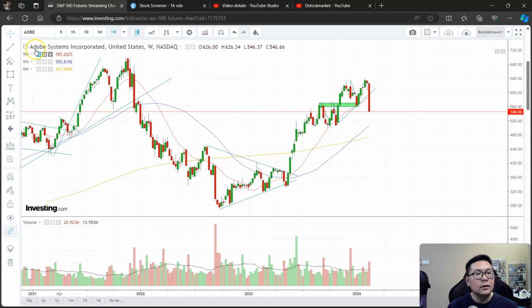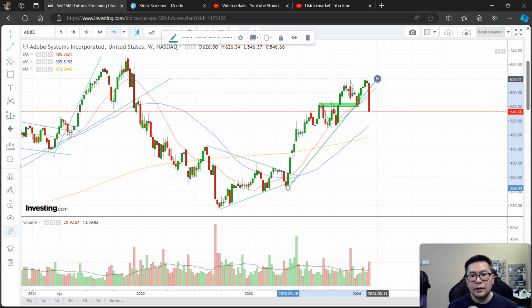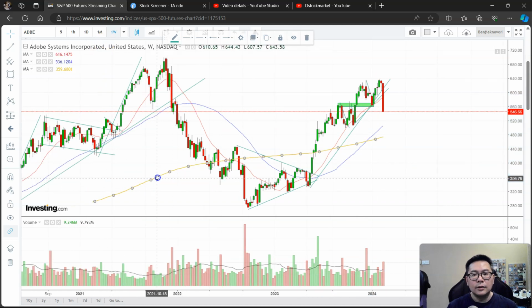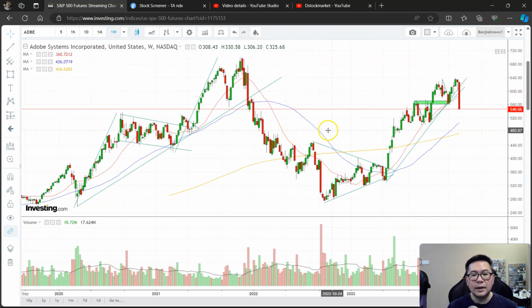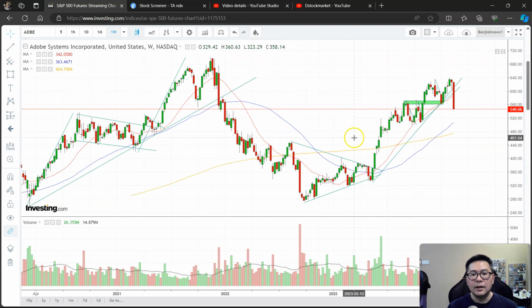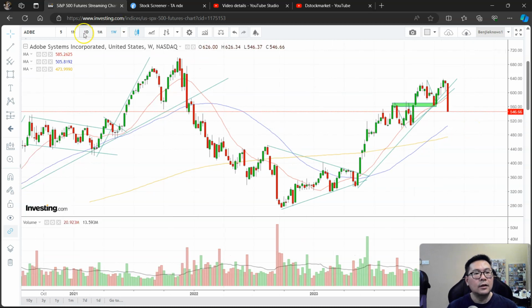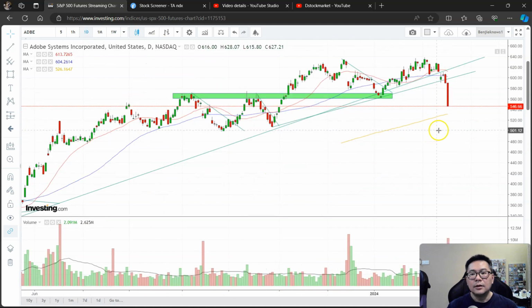And we can draw an uptrend line here that connects the lows here, which is why it's dropping. Okay, so I don't see any buy setups here, but definitely it is still in a nice weekly uptrend, and we want to see if there are dips that are buyable.